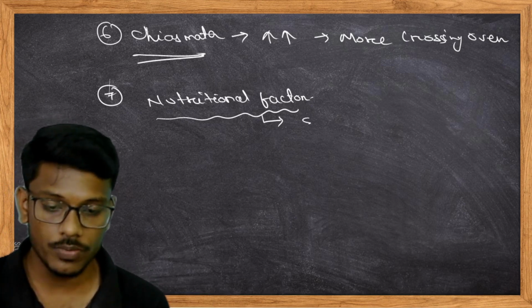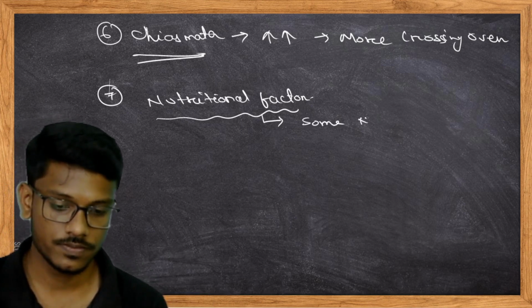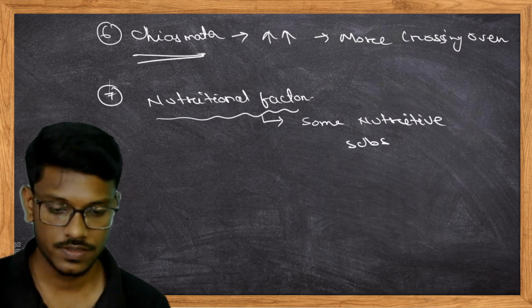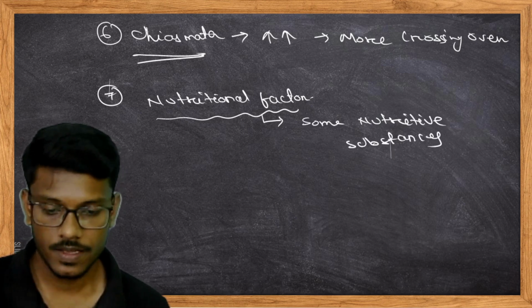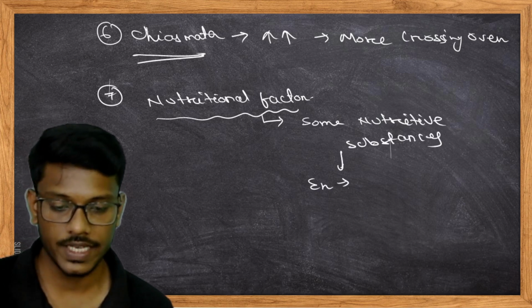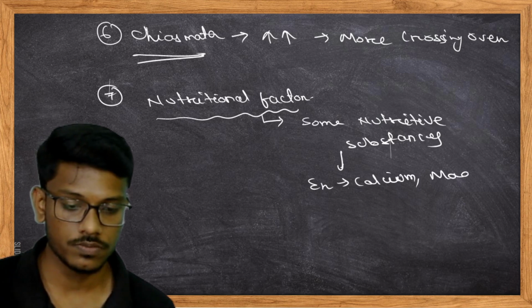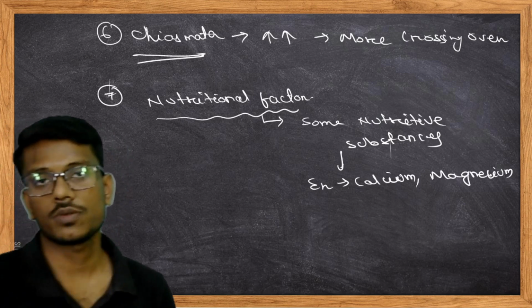Okay, so some nutritive substances, for example, calcium or that may be magnesium, may affect the process of crossing over.